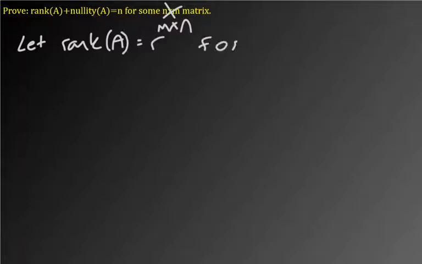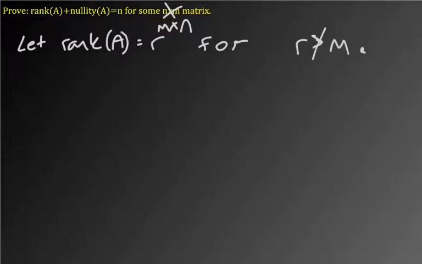All right, so I'm going to start off and say, let the rank of A equal some R, where R is not greater than m. So the rank can obviously only be up to m, so R is less than or equal to m.